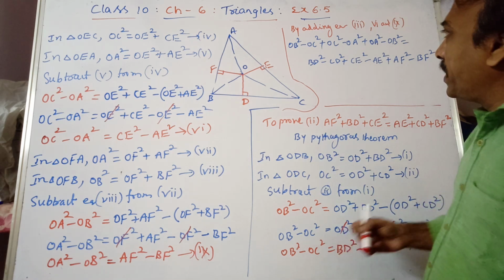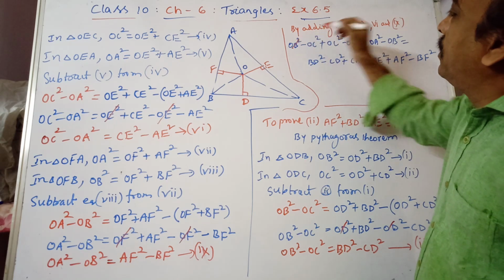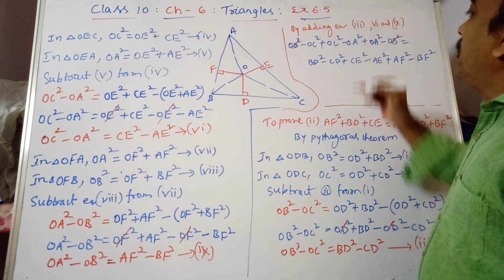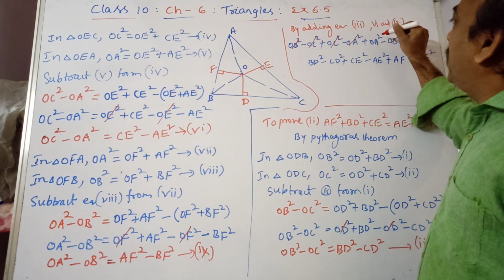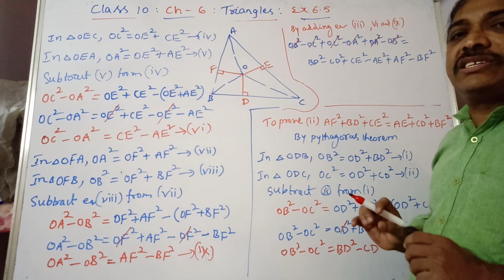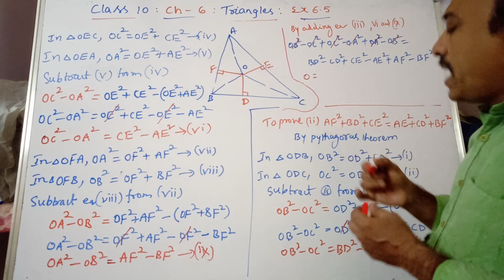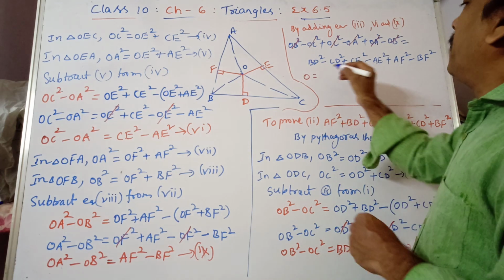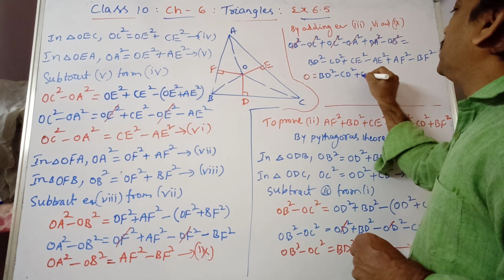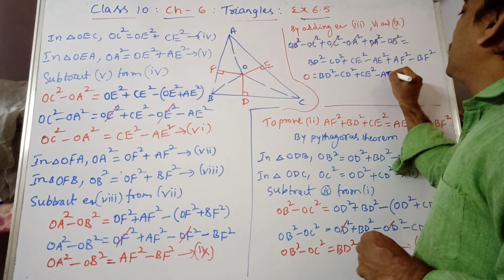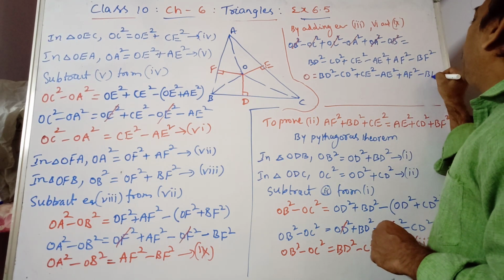Now look at this. In the LHS, plus OB square minus OB square cancels, minus OC square plus OC square, minus OA square plus OA square. So all the LHS terms are 0. They make 0 equal to BD square minus CD square plus CE square minus AE square plus AF square minus BF square.